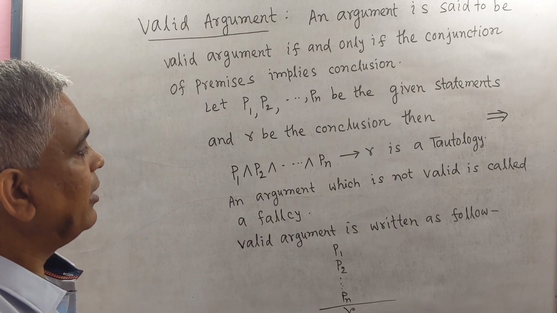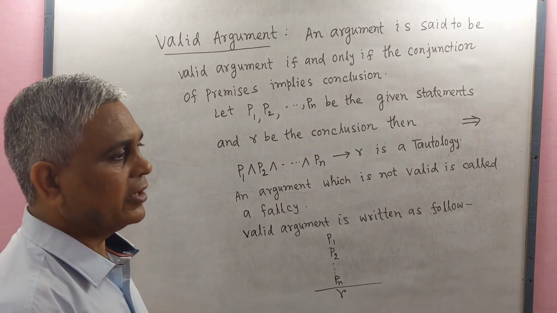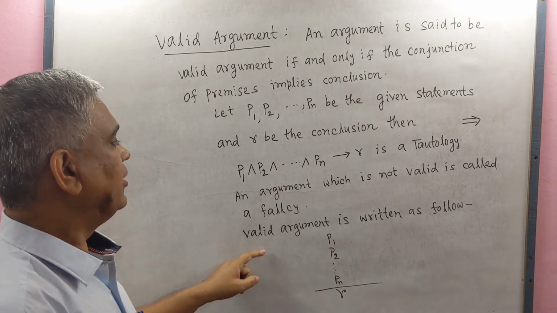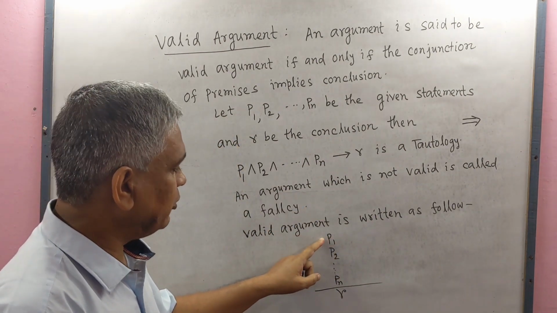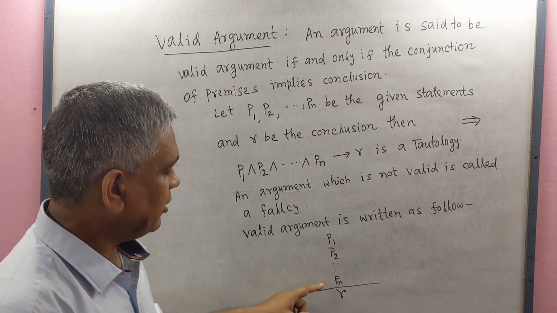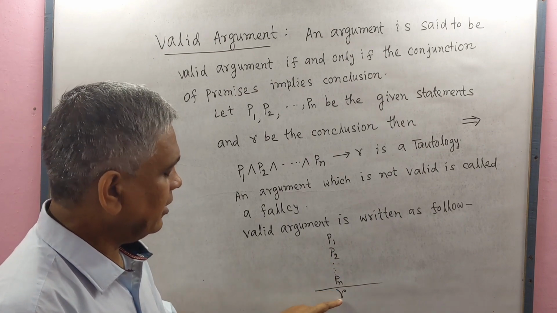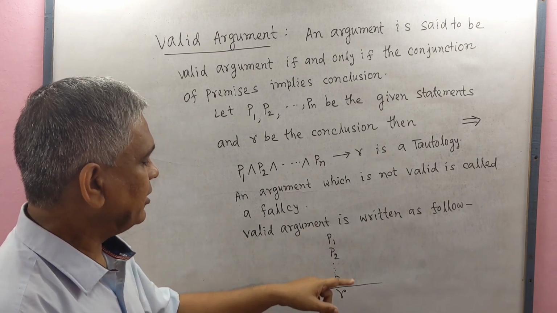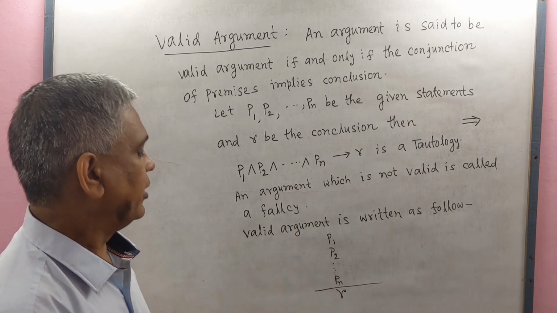If the argument is not valid, we say it is a fallacy. The valid argument is written as: first we write P1, then P2, then Pn, then one line, then R. We write valid arguments in this way.